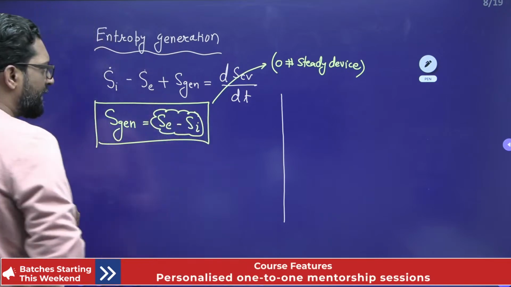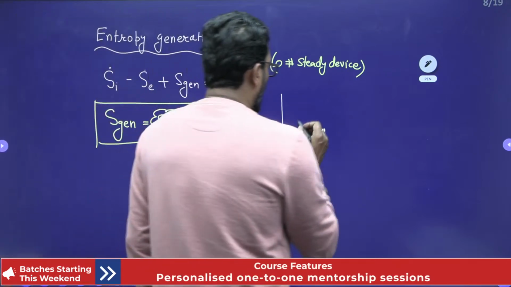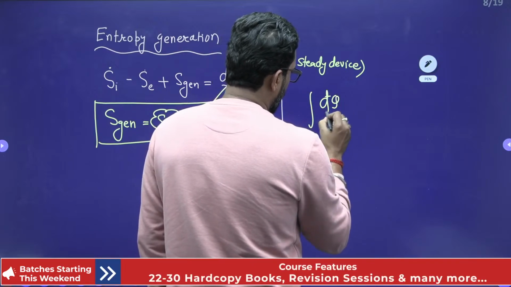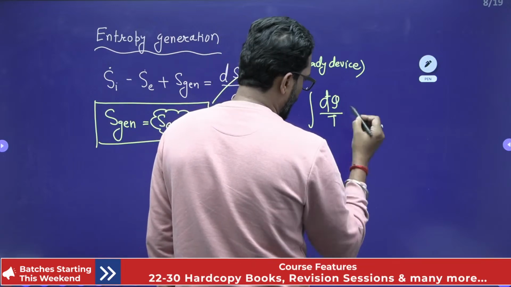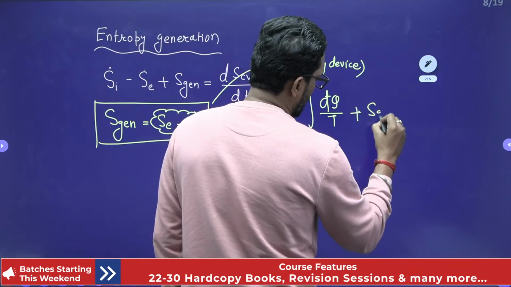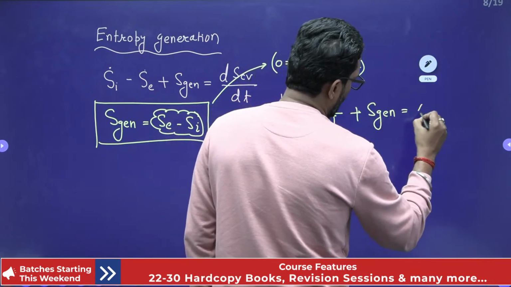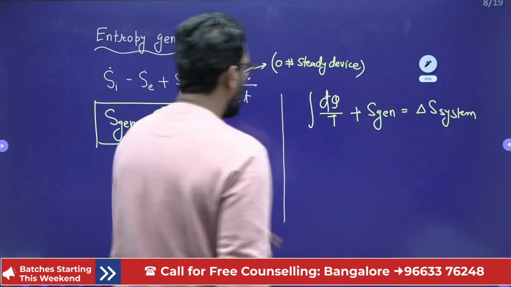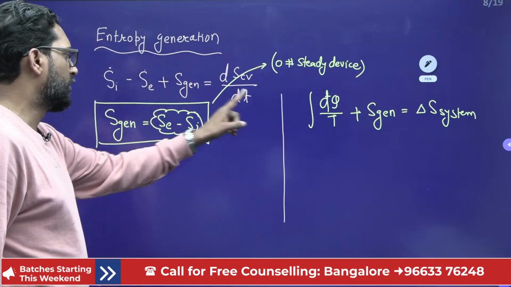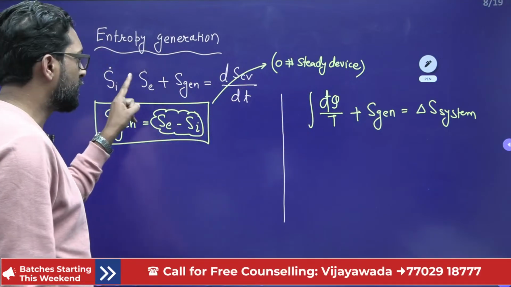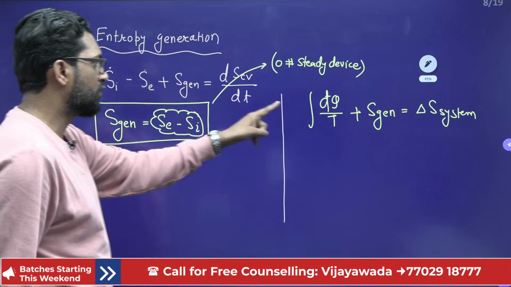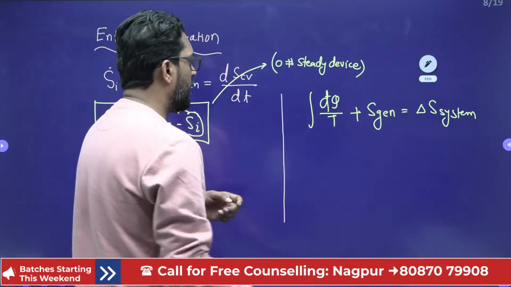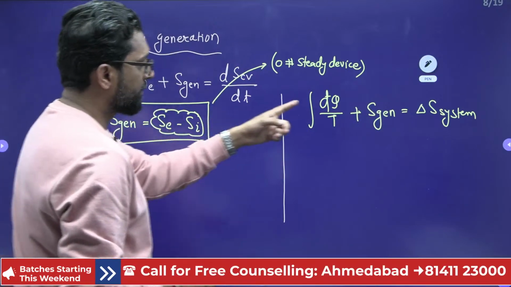So we can write integration of dQ by T, that is the change in entropy, plus S generation is equal to delta S of the system. Entropy in is entropy in the form of heat. There is no exit, only an inlet. So this is the entropy generation.